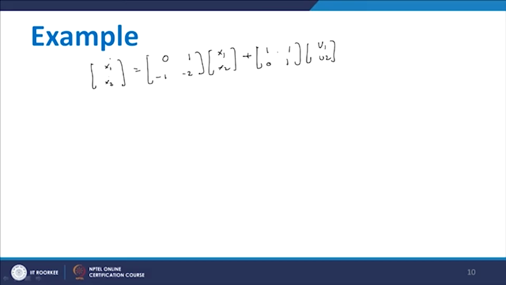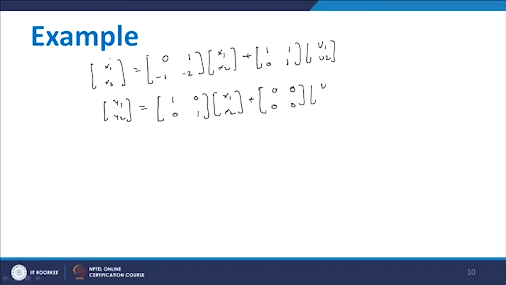You will see that there are 2 inputs. Now, about the output, the output is [y1; y2] equals [1 0; 0 1] times [x1; x2] plus [0 0; 0 0] times [u1; u2].